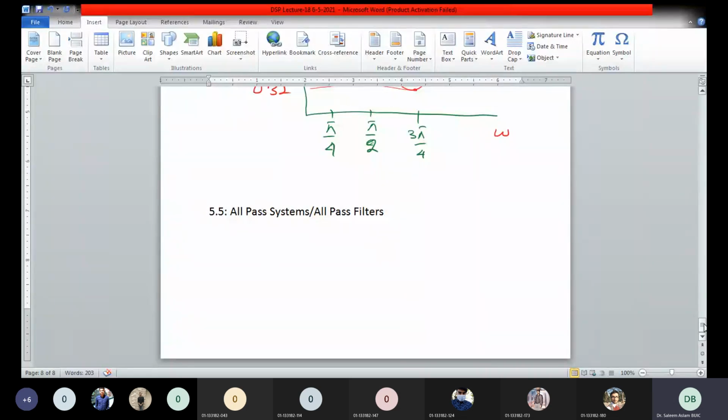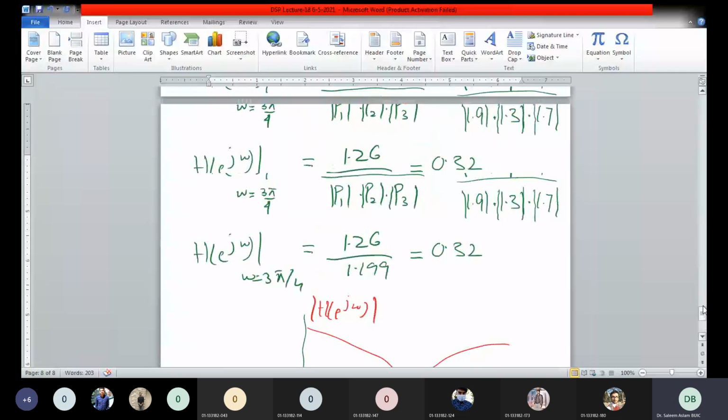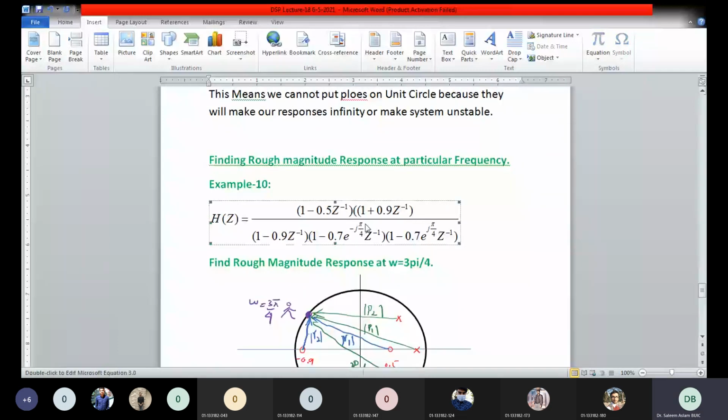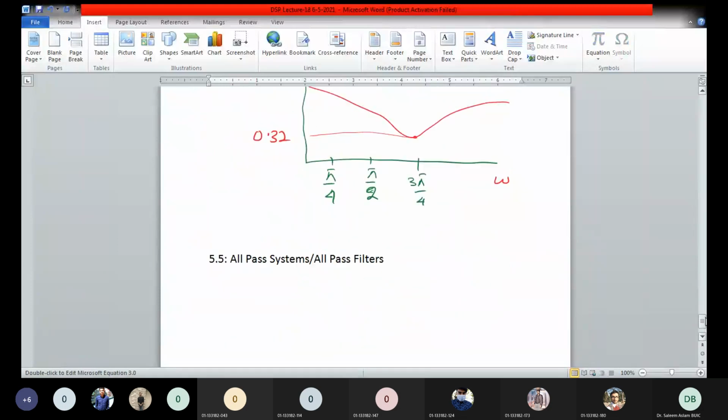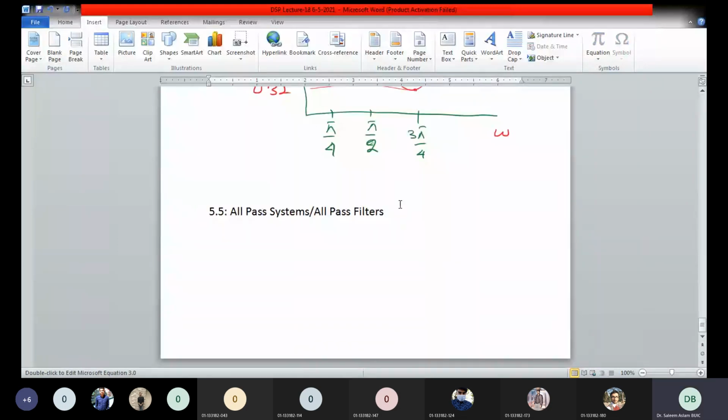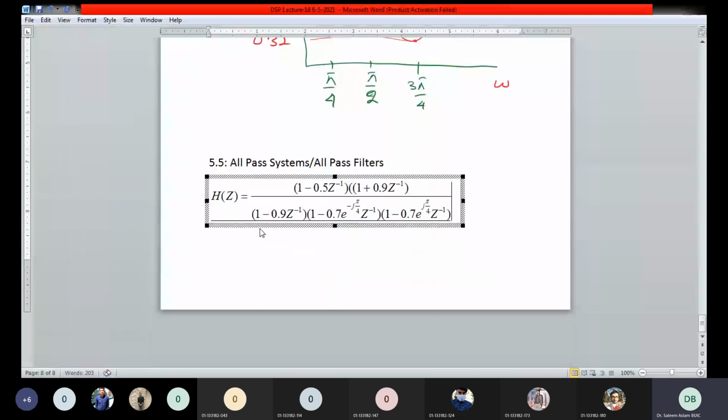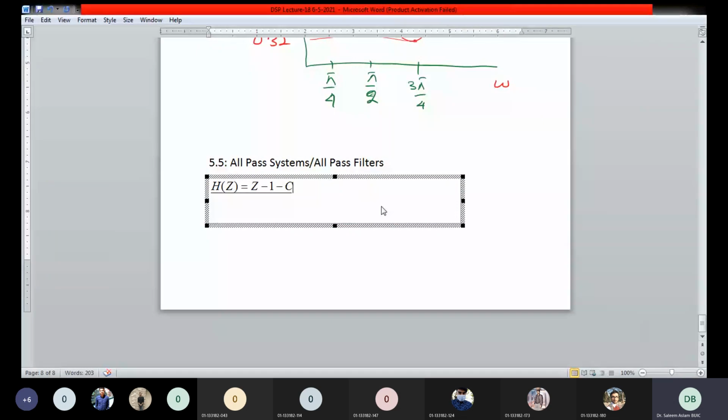So if you want to write the expression for the all pass system, let me copy it from here. There is only one condition to satisfy for an all pass system. All pass systems say that Z inverse minus C conjugate over 1 minus C Z inverse.